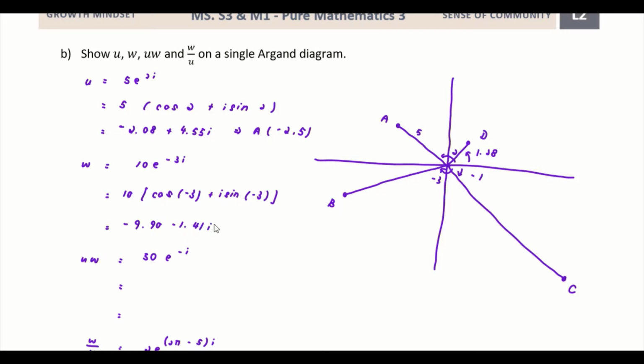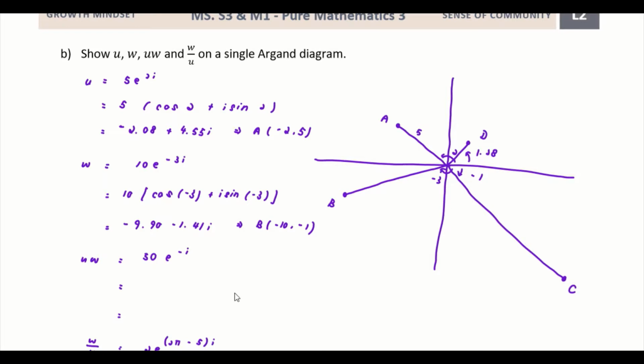By using this, we'll be able to get our coordinate as well. So it's roughly negative 10 and then negative 1, so it's somewhere here. It's in the third quadrant, so it's correct because negative x and negative y.